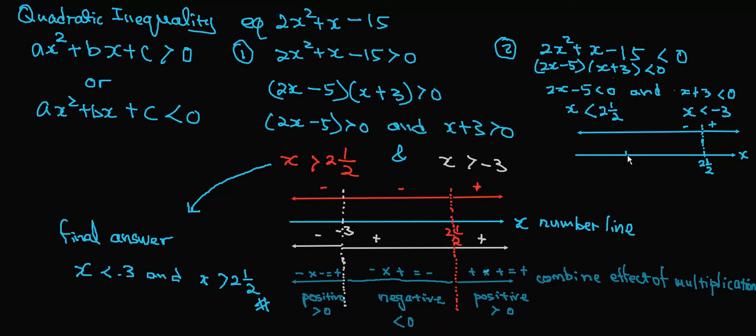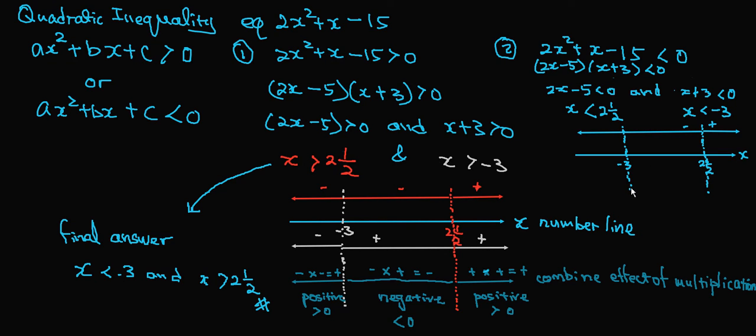Now let's look at -3. For this to be less than 0, x has to be less than -3.